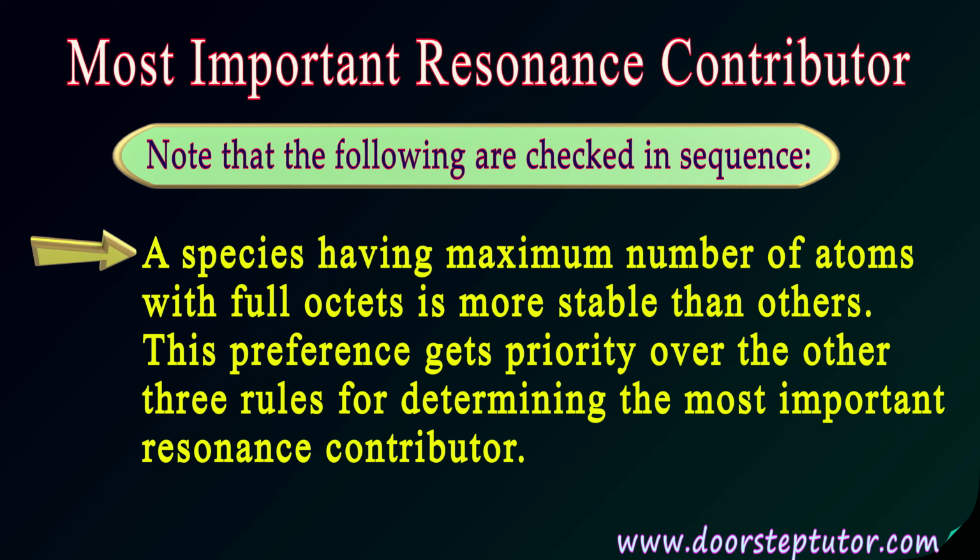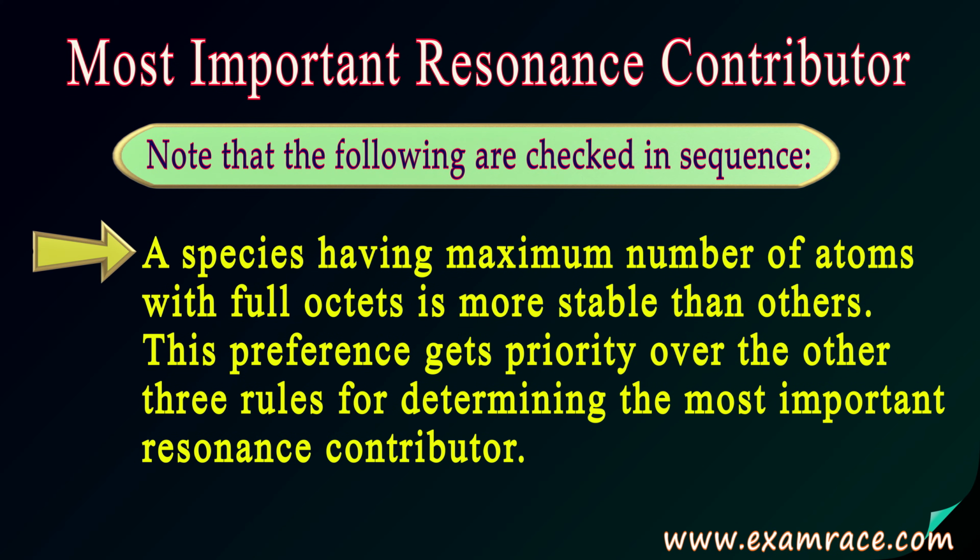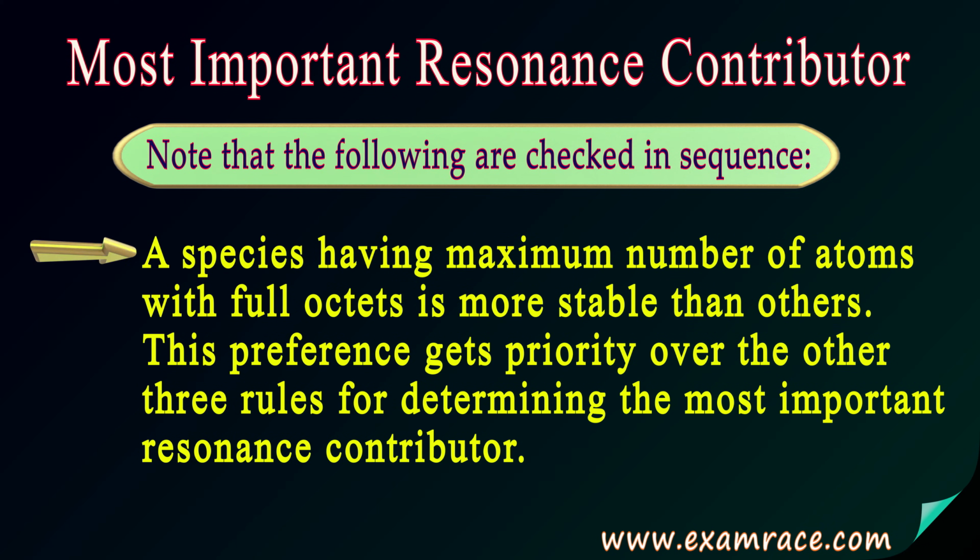Now consider we have a molecule, and the atoms present in that molecule do not have full octets. If they have an incomplete octet, then they are always tending to make their octet complete, so they will be less stable, right?